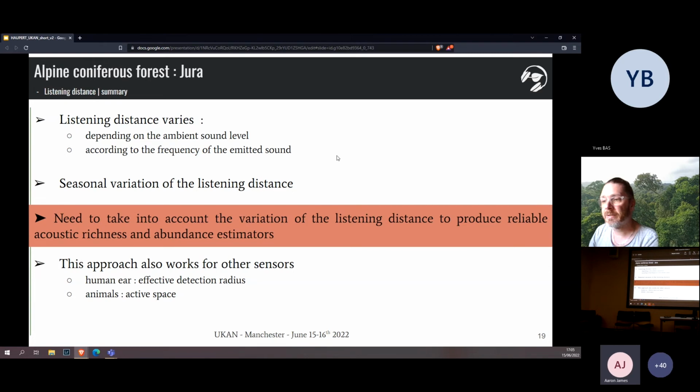So there is a clear need to take into account the variation of the listening distance to produce reliable acoustic richness and abundance estimators. And very interesting also is that this approach also works for other sensors, such as the human ear, or to estimate the effective detection radius, or for animals to study their active space.